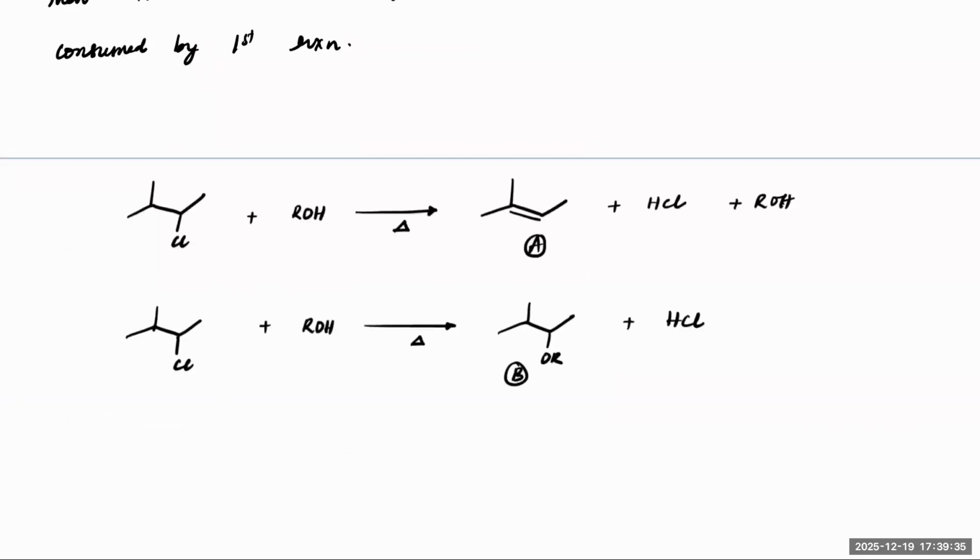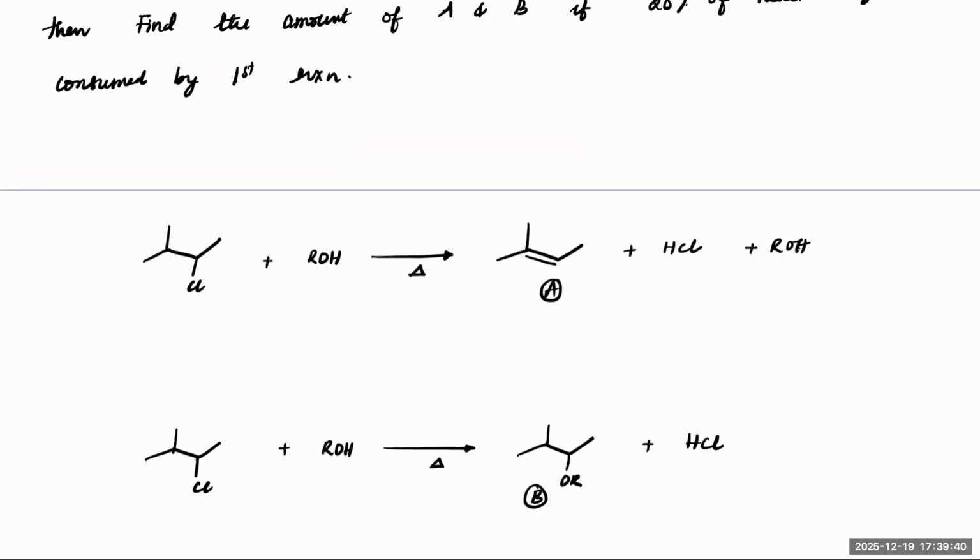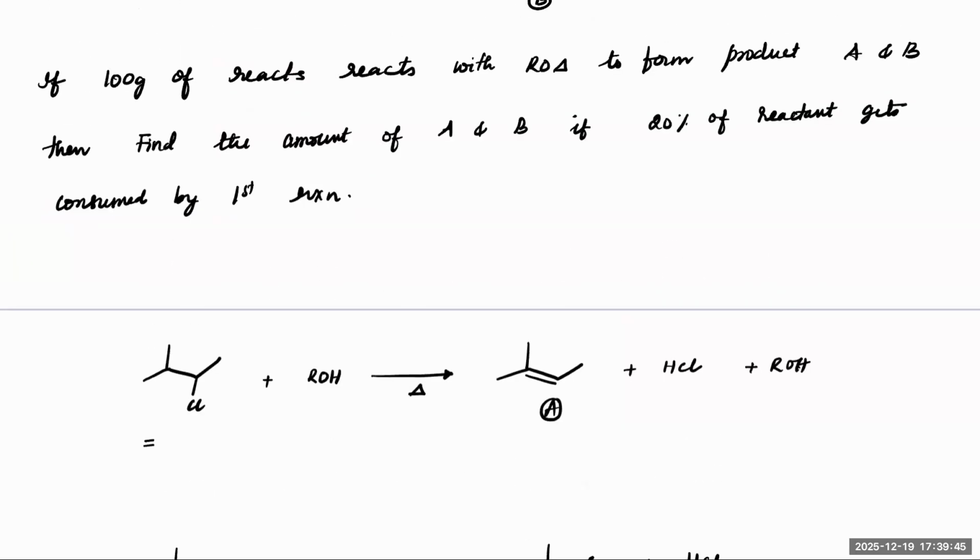So the first reaction is consumed by 20%. Let us calculate the number of moles. How many moles do we have? Let me put that value here. 60 plus C5, this is C5 means 11, plus 35.5.